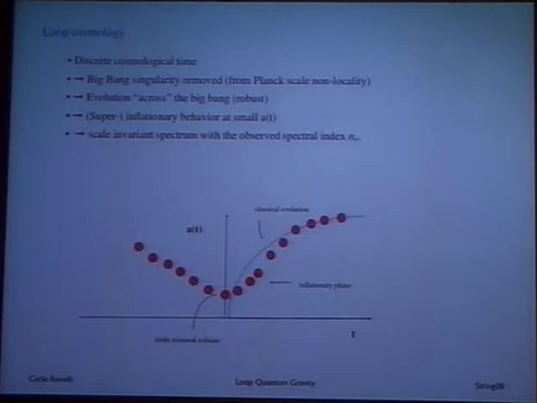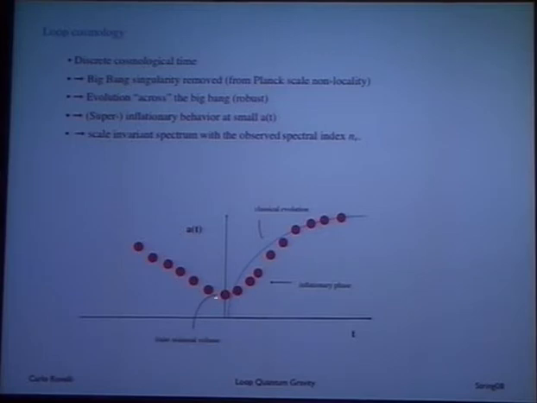So you have a bounce, and this bounce is robust. It is there both if you do closed universe, open universe, with cosmological constant, without cosmological constant, and there is much activity going on in this direction.